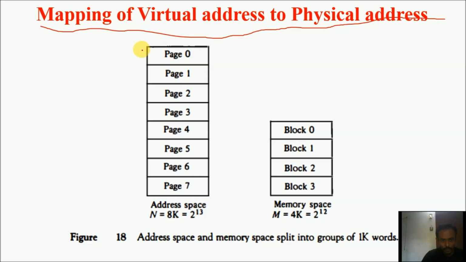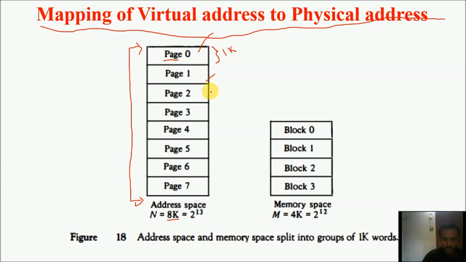Before understanding the mapping, we have to understand a concept called page and block. Suppose this is the total set of virtual addresses, and suppose this set size is 8K. Now this 8K address set will be divided into 8 different pages, and every page will consist of 1K addresses.